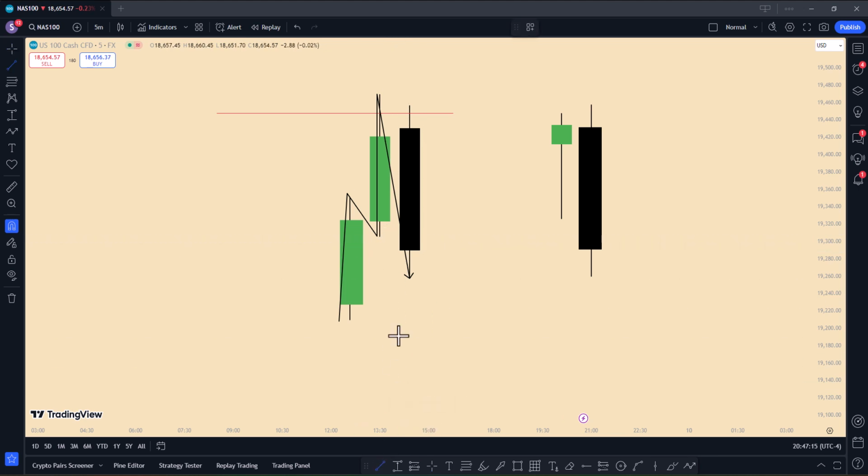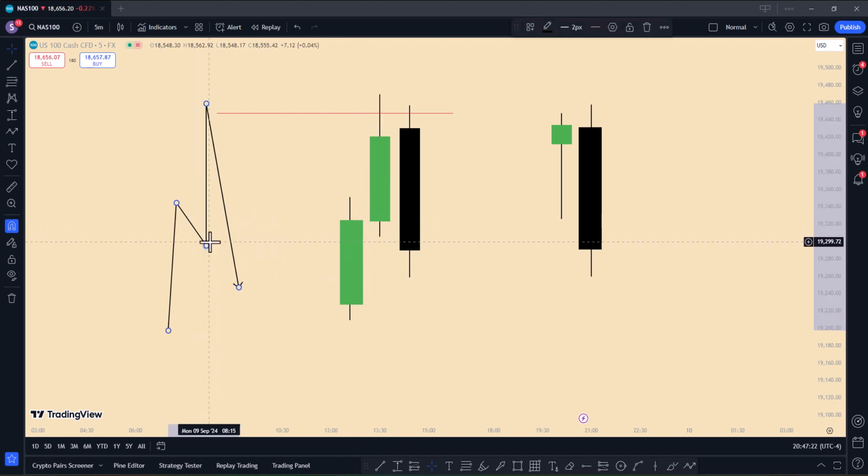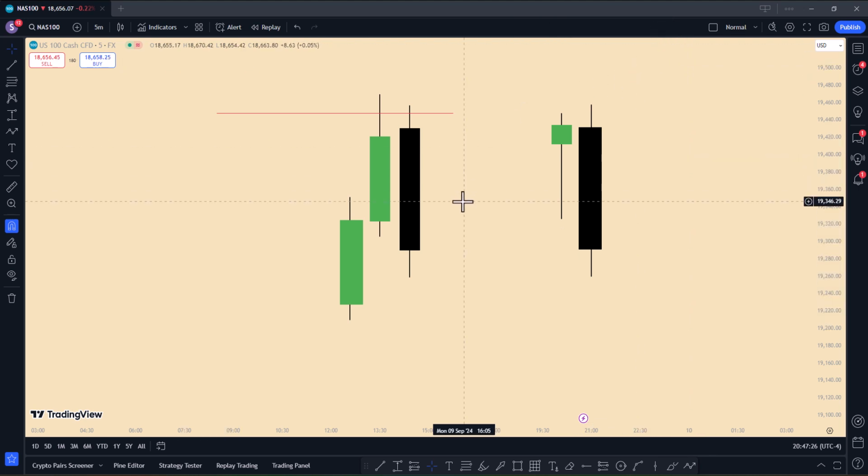So now this is a CSS. If we drag this here, we can see that a break of structure happened here. Now, I don't always use it like this. Again, this is from my backtesting and from collecting examples and testing it in live trading.